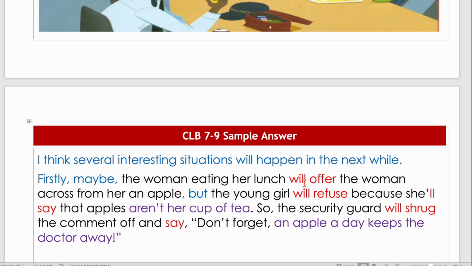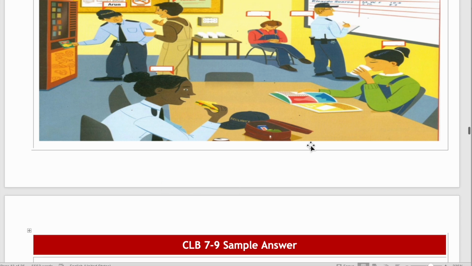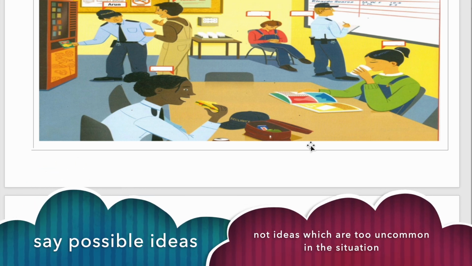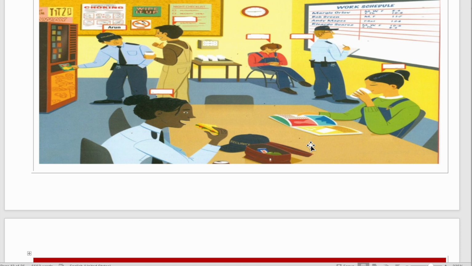All right, so that's the first thing. And also we see that this idea is possible, right? We want to say possible ideas. We don't want to say something, for example, like a woman will start cooking some lunch.